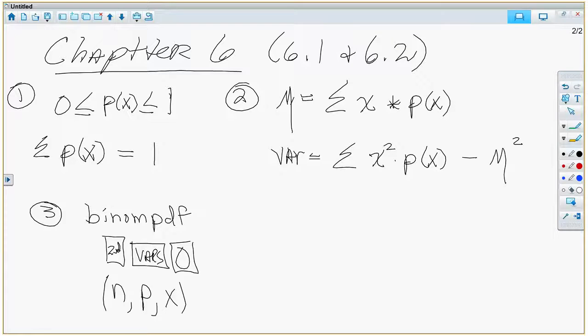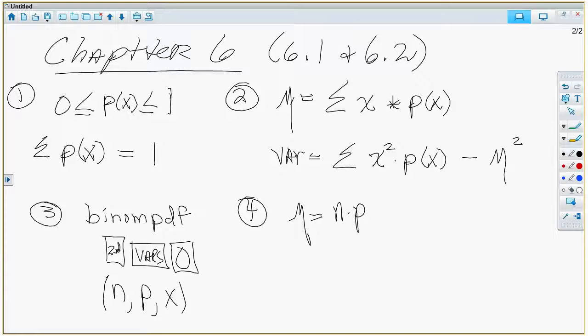And then the fourth thing you need to know is if given a population and a percentage, how can you find the mean and the standard deviation? Well, the mean is equal to N times P. You're given a population, and you're given a percent, a decimal, or a fraction, like 25 over 100.